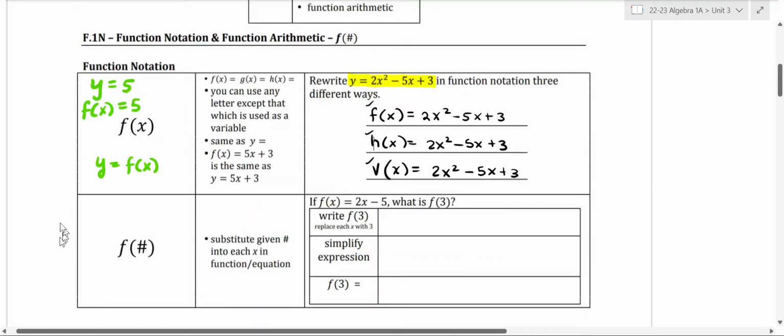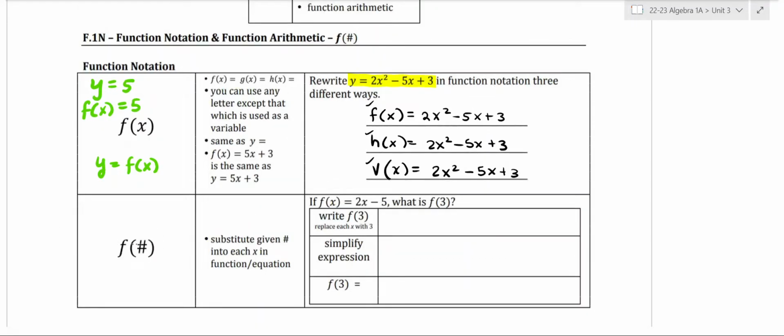Now, the other note is when you're giving the function of a number and it already has a number in there, that means that number is going to be x. Think about it. If it's f of x and then they give you f of 3, the only thing that got replaced is this right here.